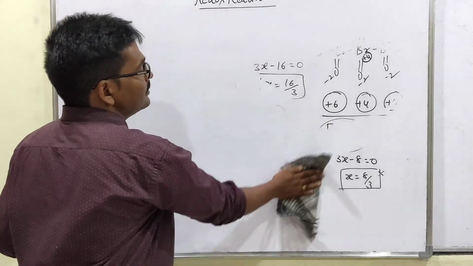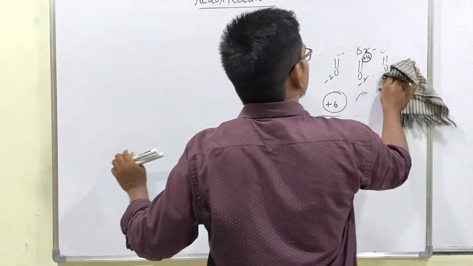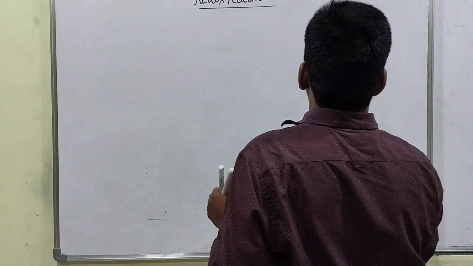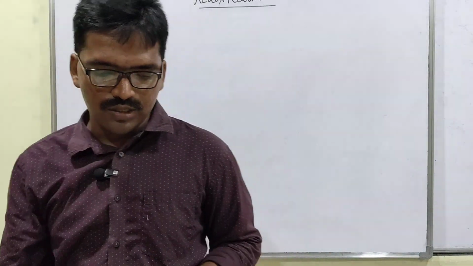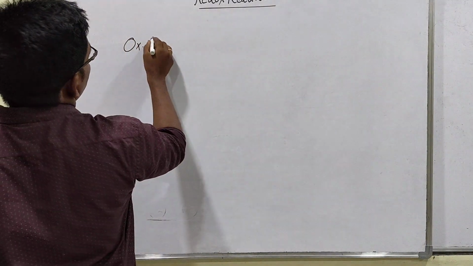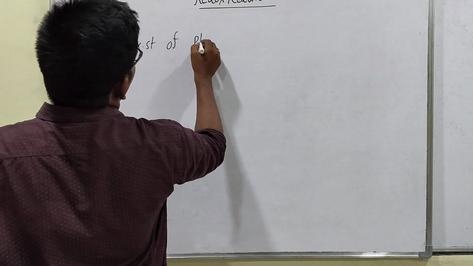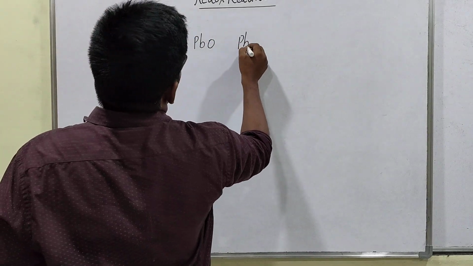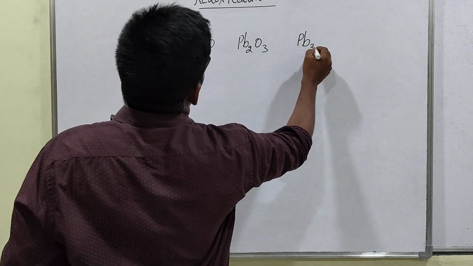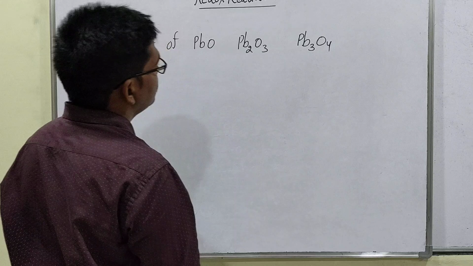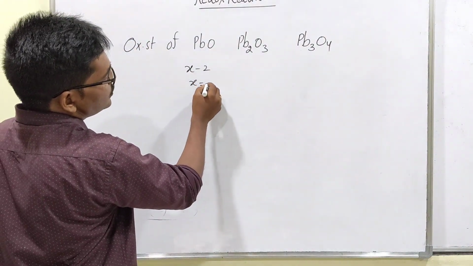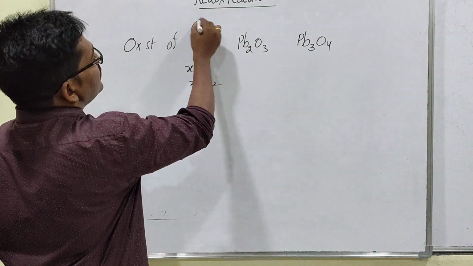Oxidation state of lead in PbO, then Pb2O3, then Pb3O4. So look, x minus 2 equals 0, then x equals plus 2 oxidation state for this.